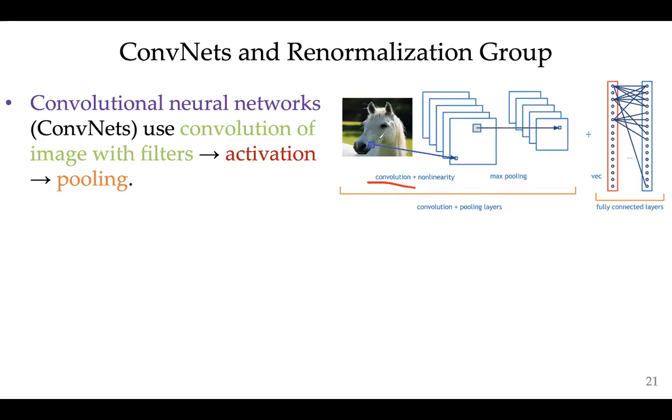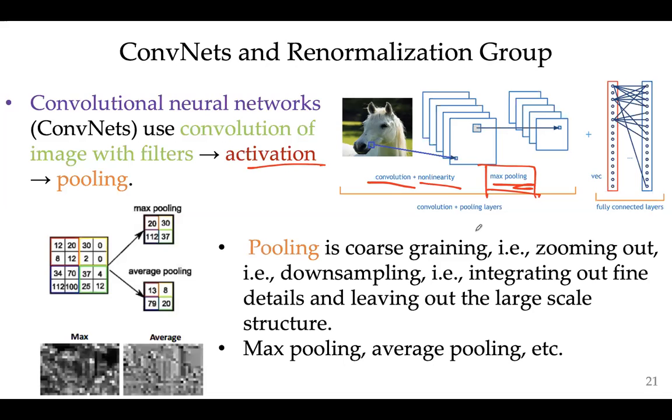It basically calculates the convolution of certain filters and the original image. Then there is some activation function. And after that, there is this pooling layer. What I'm interested in here is the pooling. So what is pooling? Let me show you on this example. Let's say this is the image, the pixels, and the pixel values.